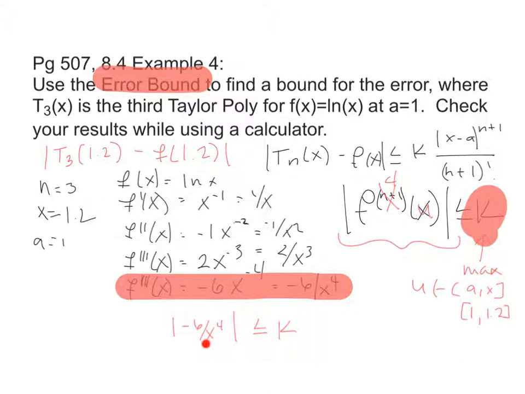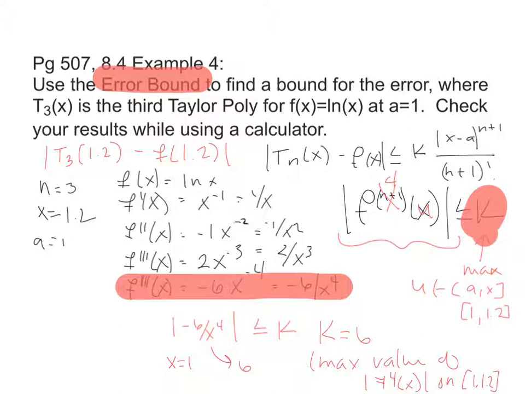At x equals 1, the absolute value ends up being 6. If we put 1.2, it'll end up being less than 6. So therefore, we're going to make our k equal to 6. That is the max value of the absolute value of f4 of x on 1 to 1.2.